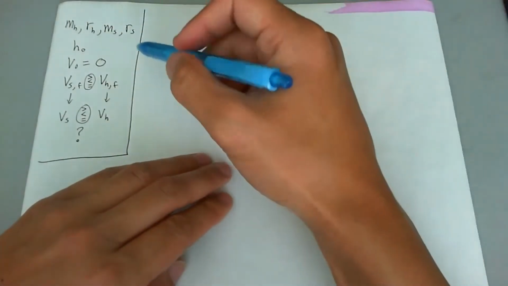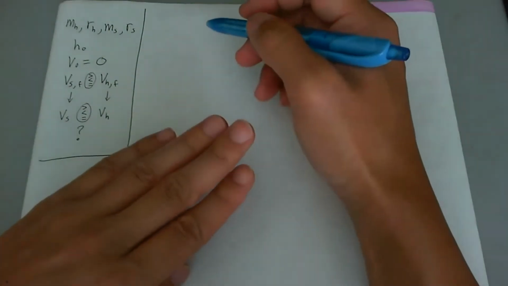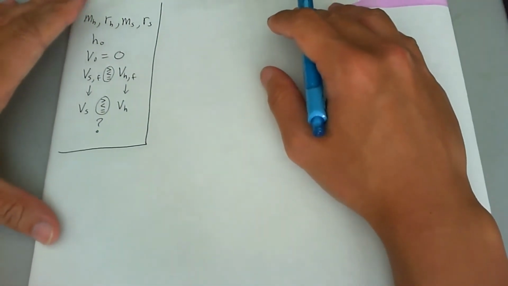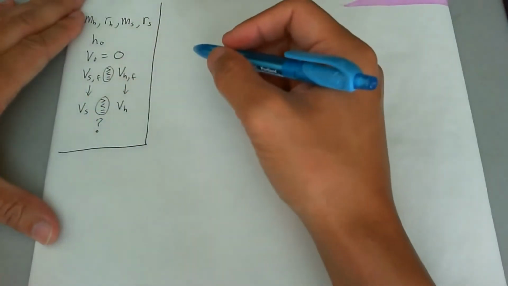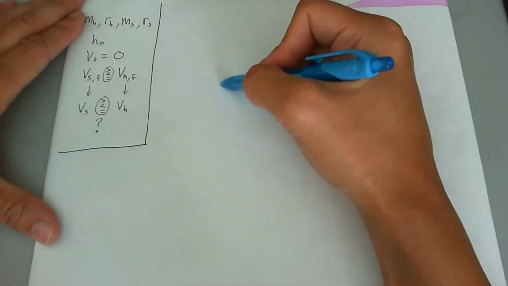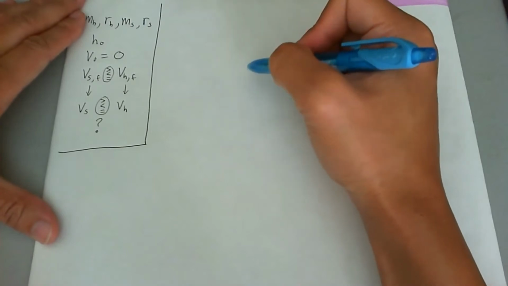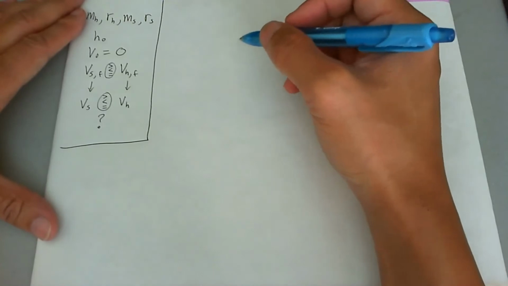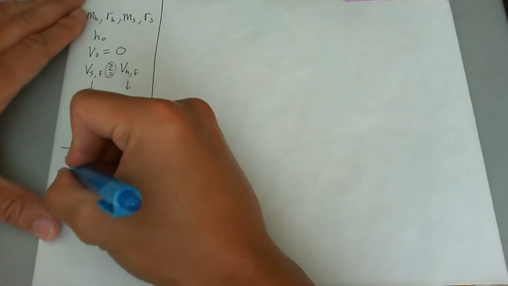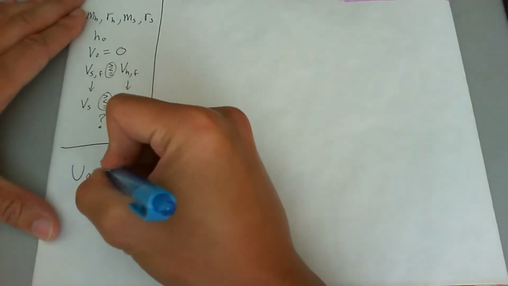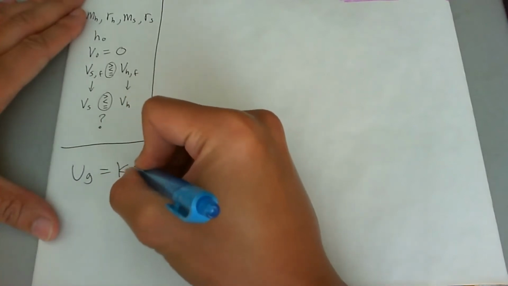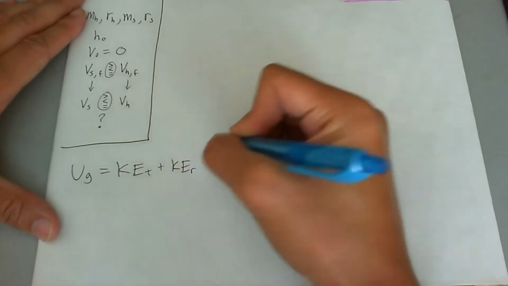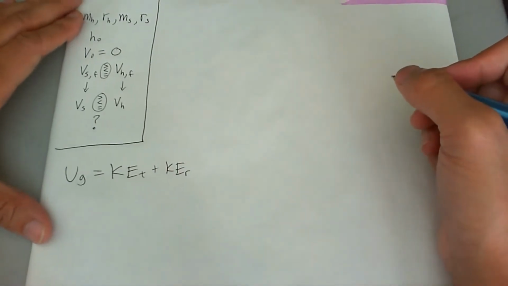Since this has to do with masses and velocities, I'm going to use the conservation of energy equation. We know that the cylinders will start off at a certain height, go down to the bottom, and in that process gain both rotational and translational kinetic energy. So I'm going to skip a few formal steps and just say that UG in general is KE translational plus KE rotational for each of the two cylinders.